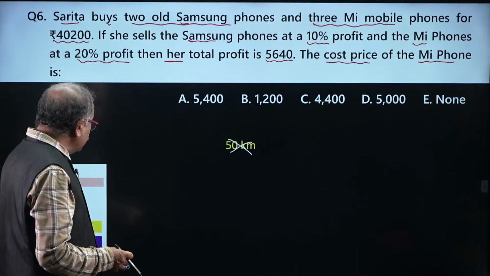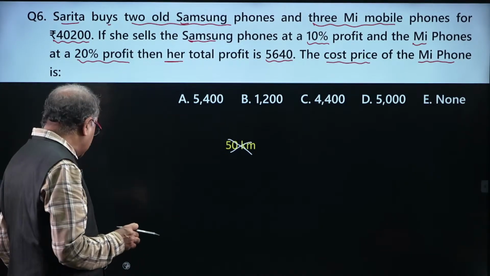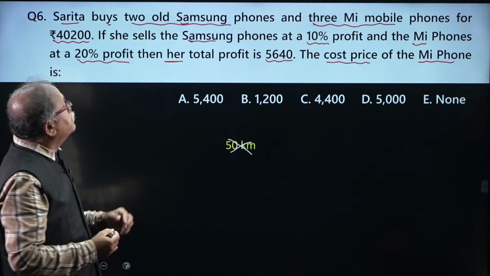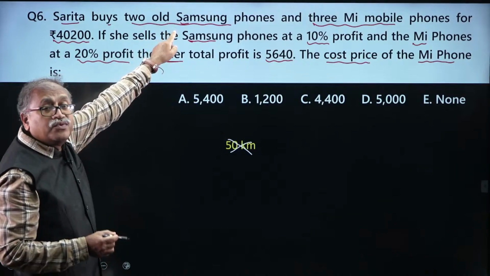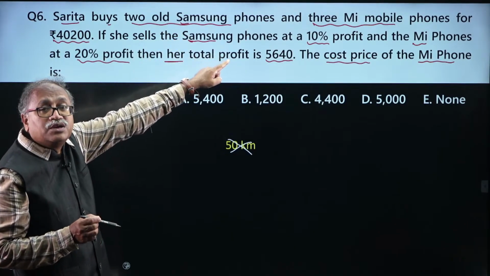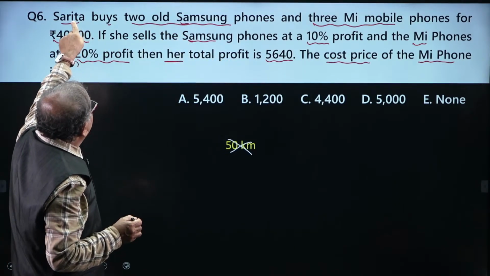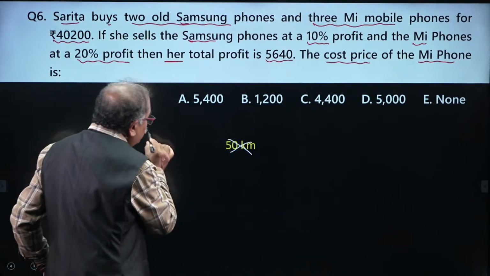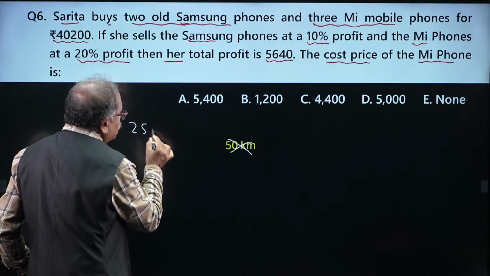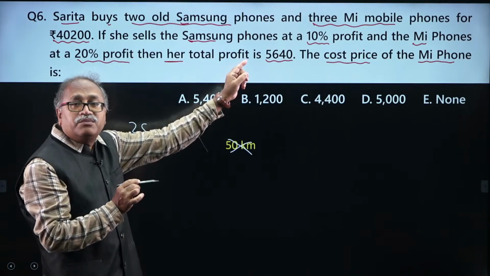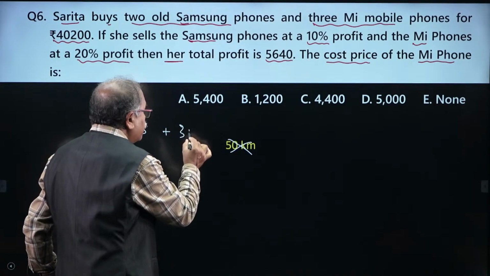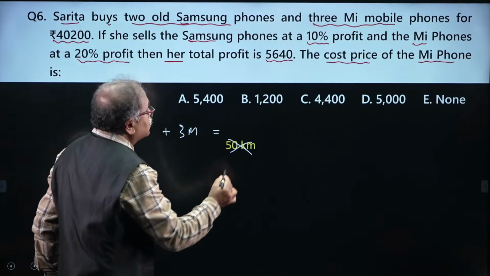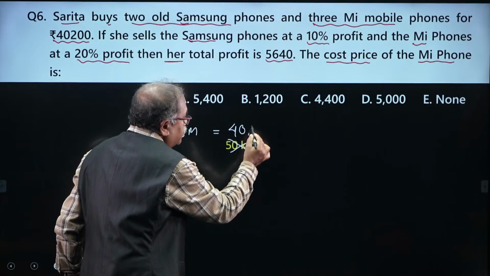This question, when I saw, I thought I should discuss this question definitely, because it is not in a very general pattern. Here, for Samsung phone I will take S and MI phone I will take M. So, here it says Sarita buys, the cost price of 2S plus 3 MI phones, that is 3M, is given to us as 40,200.